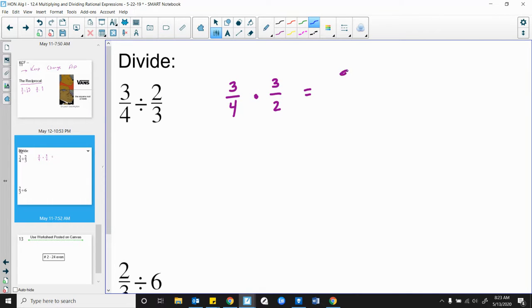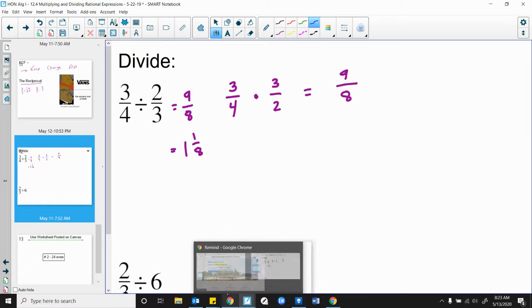So 3 times 3 is 9, and 4 times 2 is 8. The correct answer is 9/8 or 1 1/8. I will accept either one of those. So a division problem just adds the keep, change, flip step. It's just a multiplication problem after you keep, change, flip.